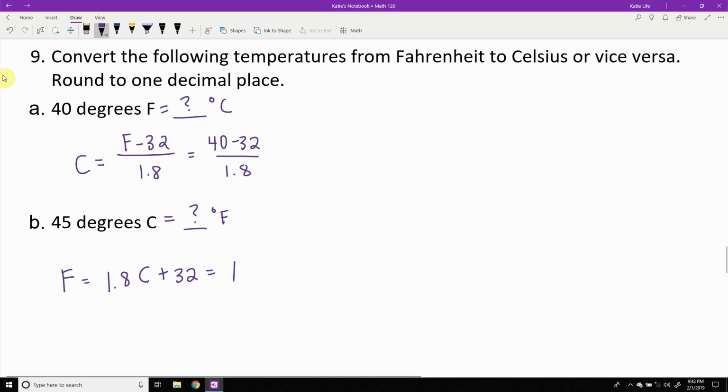And here we're going to plug in 1.8 times 45 plus 32. So 40 degrees Fahrenheit is equal to 4.4 degrees Celsius. And 45 degrees Celsius is equal to 113 degrees Fahrenheit.